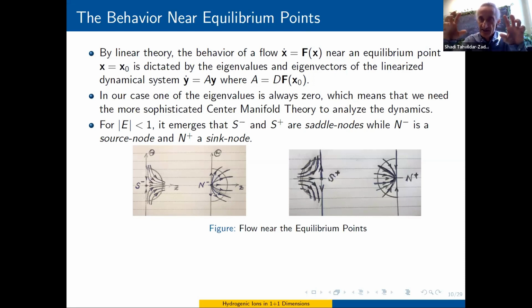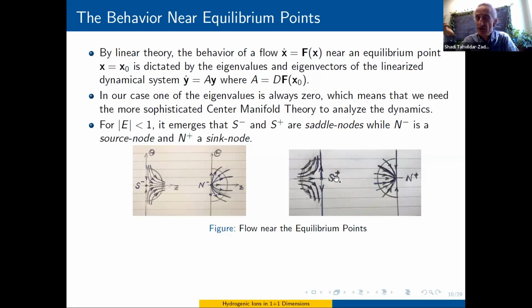So things on this cylinder are always going from left to right. And so things are going to start here and they're going to end here. And now you can see if you are at S minus, there is a unique orbit that's coming out of S minus. While if you are at N minus, there is no unique orbit that's coming out. Everything is coming out.